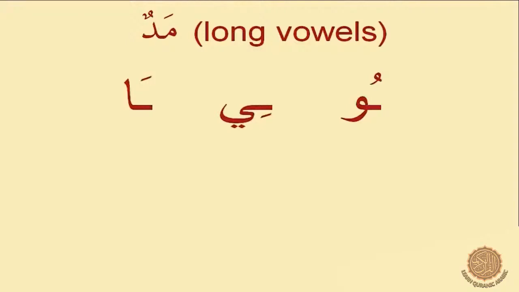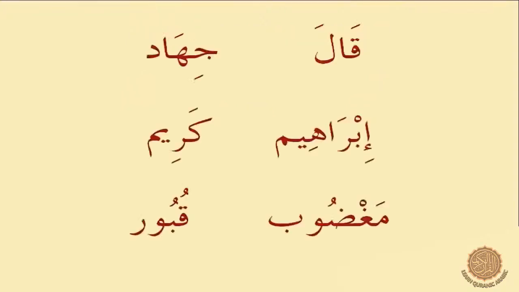Inshallah we'll go through some words to see how the long vowels are pronounced. So here are some words. First one here is qala. Notice the elongation of the A sound. Qala. We have the fatha on the qaf, followed by the alif. Next word is jihad. Here we have ji, that's the first syllable, and then had, jihad.